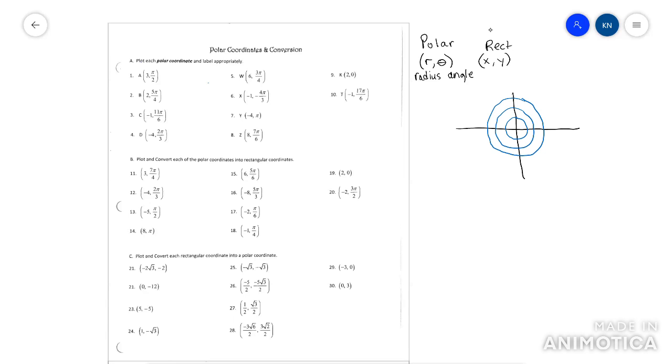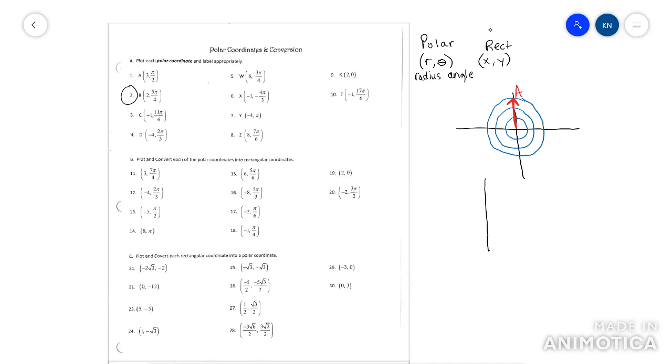Do your angle rotation, pi over 2. So that would be this much, right? And where you end up, which would be here, make a little arrow pointing to the name of the coordinate. Done. That's all there is to it. Look at the next one, (2, 5 pi over 4).